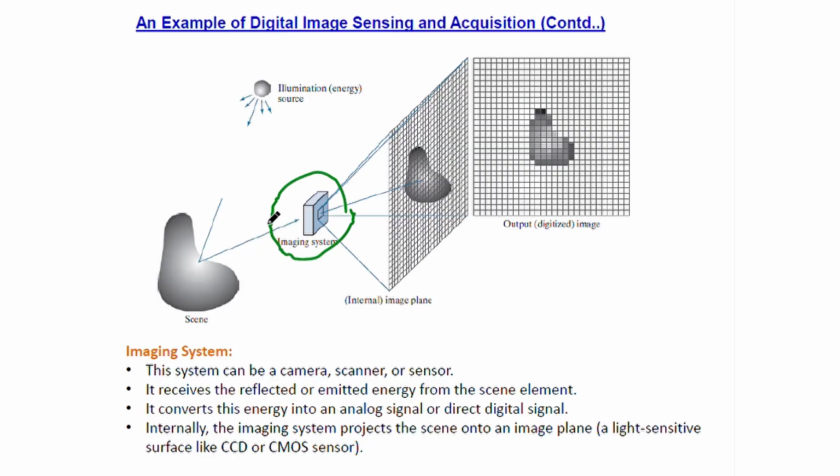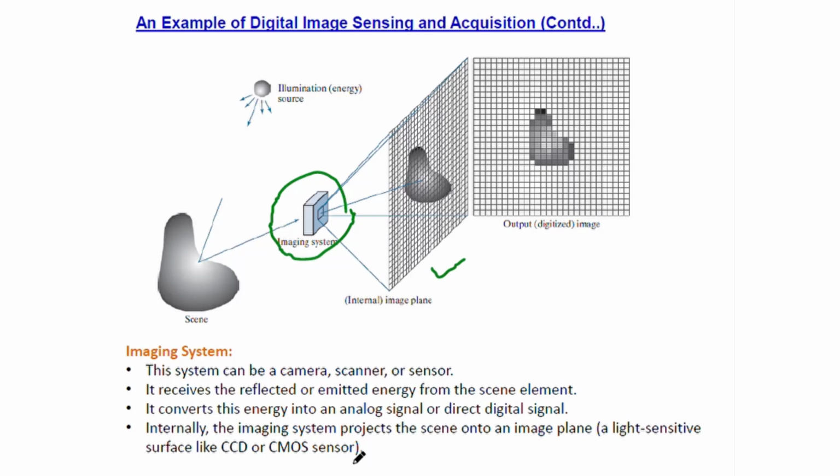It converts that energy into an analog signal or directly a digital signal. This imaging system projects the scene onto an image plane, the internal image plane, which is a light sensitive surface like a CCD or CMOS sensor.